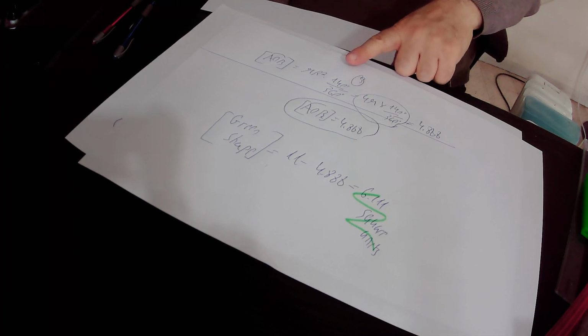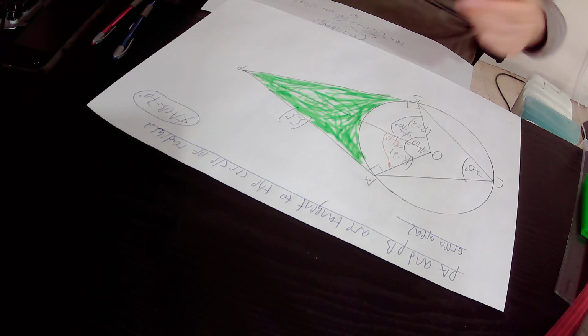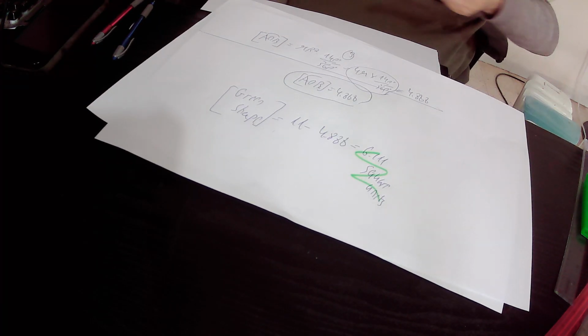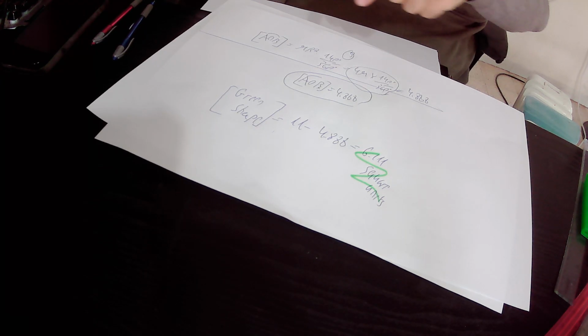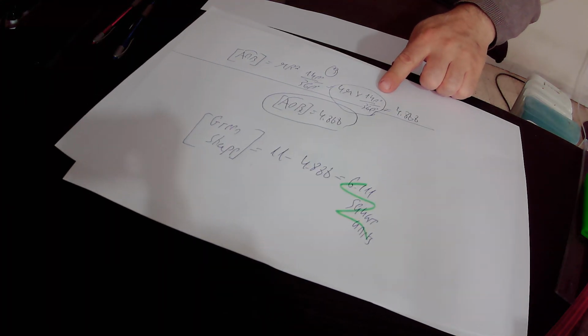The radius of this circle is 2, therefore r squared is 2 squared, that is 4. So pi r squared is 4 pi square units, times 140 degrees over 360 degrees.